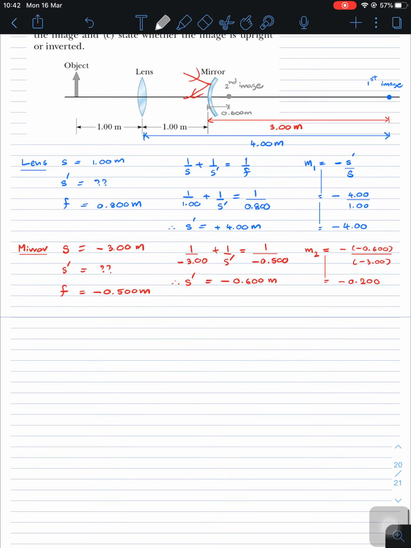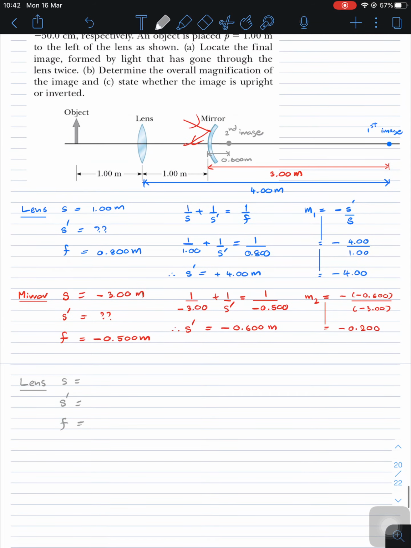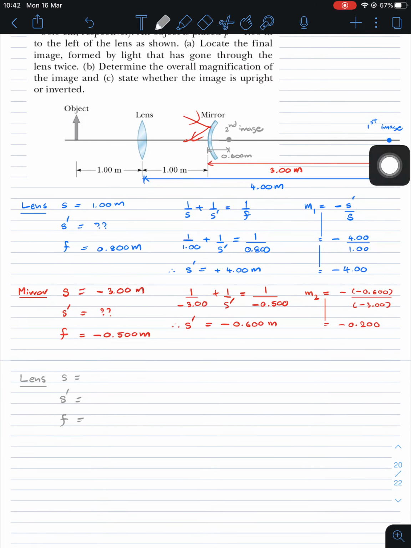Then finally the light will go past the lens again. So now for the S: the light goes from the right hand side of the lens to the left hand side of the lens, and this image will form the object of this lens.